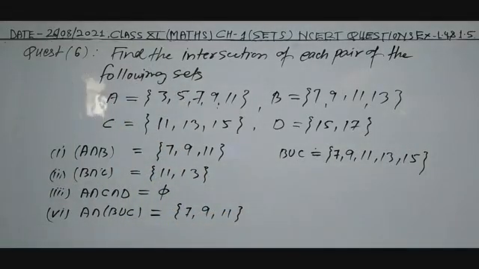That will be the A intersection B union C. Check it. 7, 9, 11. Now this is the answer: A intersection B union C, the result is 7, 9, 11.